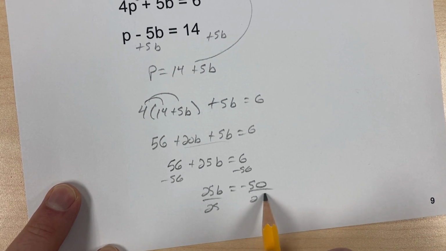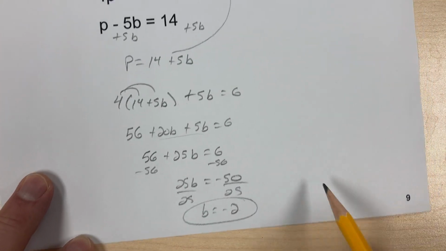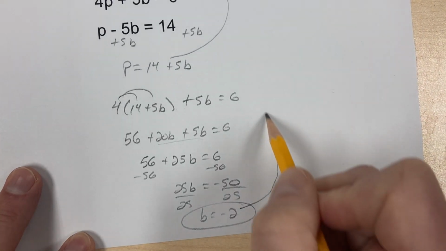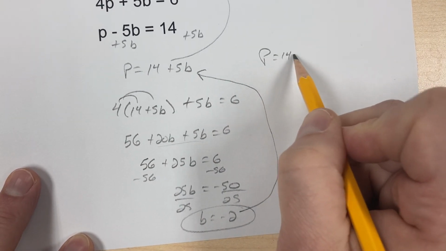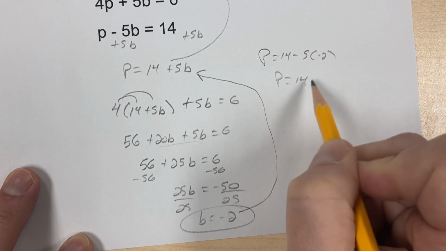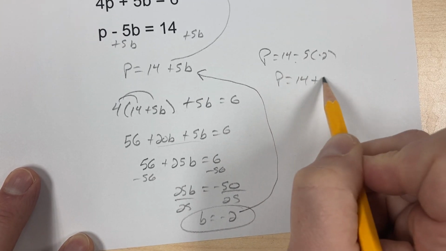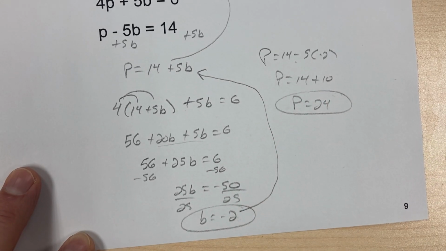Divide by 25, we get b equal to negative 2. Okay? So now if I take that negative 2 and put that in for b, p equals 14 minus 5 times negative 2. Negative 5 times negative 2 is a positive 10. So p equals 24. Okay.